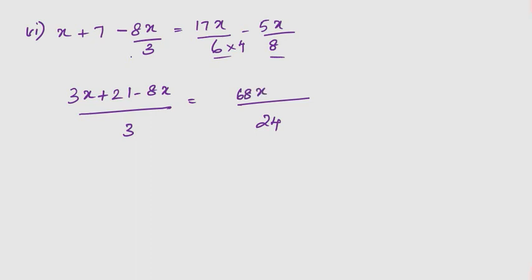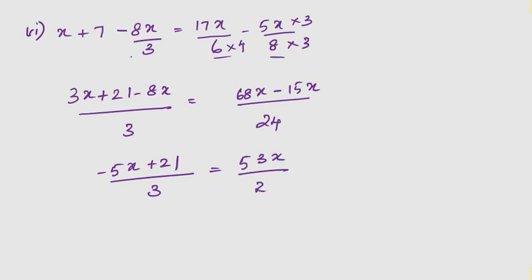So 68x minus, so 8 into 3 is 24. So multiply the numerator also by 3. So we get minus 15x. So the next step, when we solve this we get 3x minus 8x minus 5x plus 21 divided by 3 is equal to 53x divided by 24.